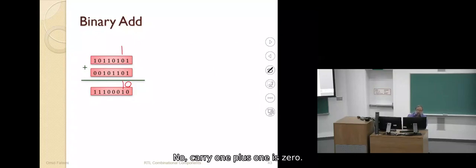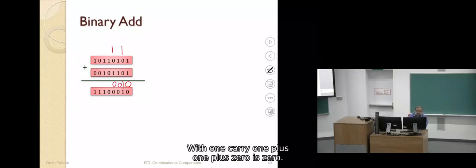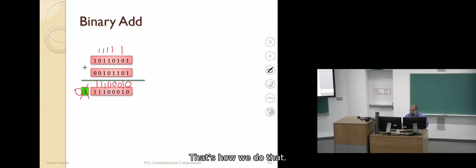No carry. 1 plus 1 is 0 with carry. 1 plus 0 plus 1 is 0 with 1 carry. 1 plus 1 plus 0 is 0 with carry. 1 plus 1 plus 1 is 1 with carry. 1 plus 0 plus 0 is 1. And 1 plus 0 is 1. So that would be the result, and there is no carry out. So this is correct, this is not correct, with carry out. Okay? So that's how we do that.